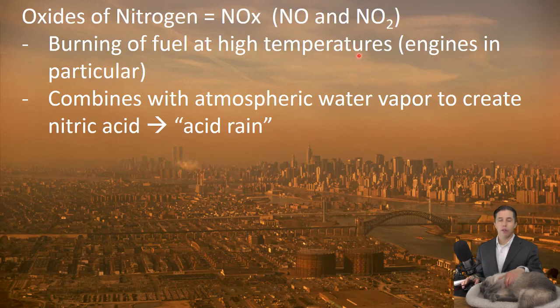And if you live in an area where you have to get your car emissions tested, NOx is one of the things that they're testing for. Well, one of the problems with NOx is that it combines with atmospheric water vapor to produce an acid in a similar way that sulfur does, except instead of sulfuric acid, it produces something called nitric acid. And this also contributes to acid rain.